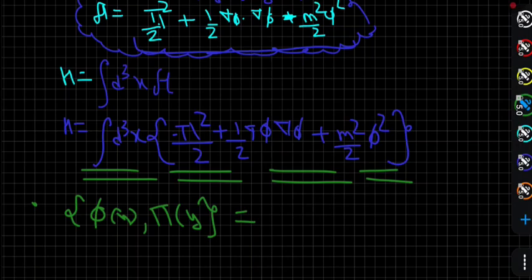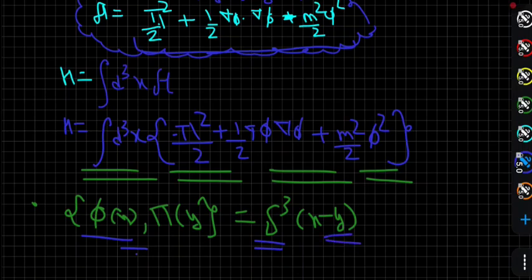The Poisson bracket is just the three-dimensional form of the delta function. How? This is up to you, you can prove this. If you want, I will do it in the next video. This is very important. There are other relationships that I will do in the next video.